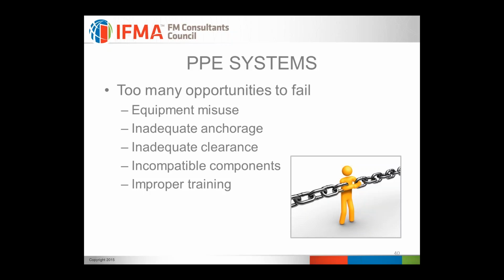Unfortunately, the actual anchorage forces that can be generated during a fall can be in the thousands of pounds. So to expect somebody who's not trained or experienced in identifying the proper anchorage or the strength of members to know what the right magnitude needs to be, it's taking a pretty big risk.